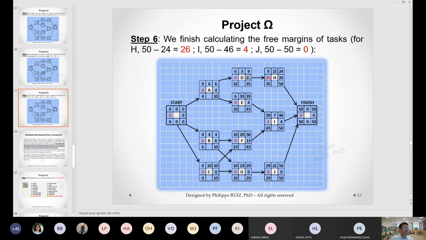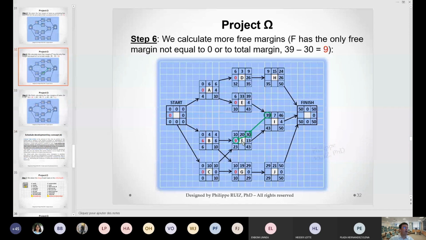There are only a few cases when it's not equal to 0 or to the total margin. There's only one case, shown here. It's the case of F. But it's very rare. So usually the free margin is either the total margin or 0, and in very rare cases it's different from that. So you should be aware of that.